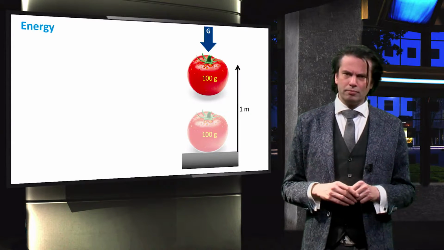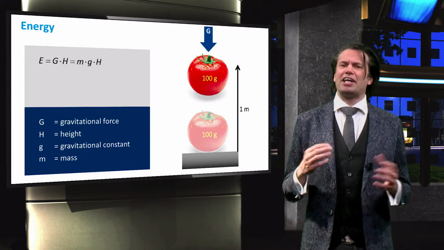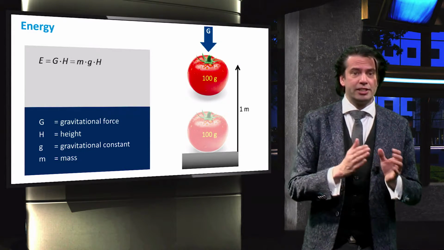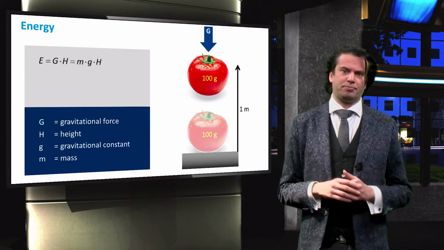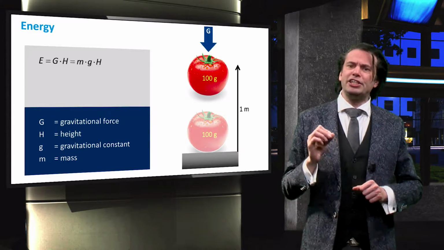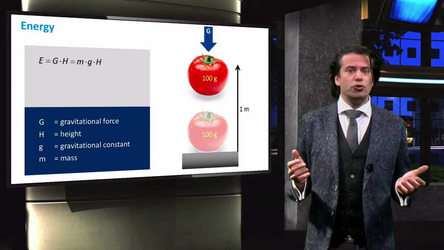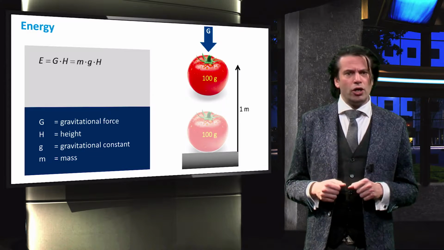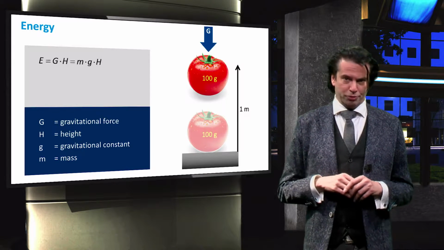G. Since the required amount of energy is equal to the force times the distance, it is equal to G times the height h. The gravitational force near the surface of the Earth is equal to the mass of the tomato times the gravitational acceleration, which is denoted by the lowercase g.